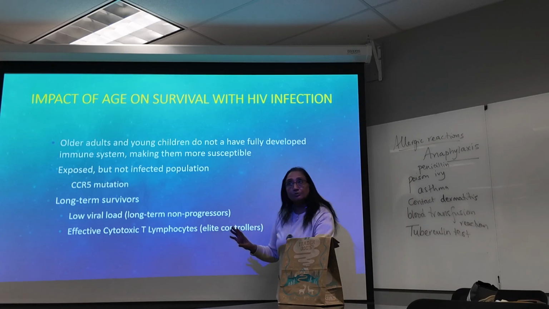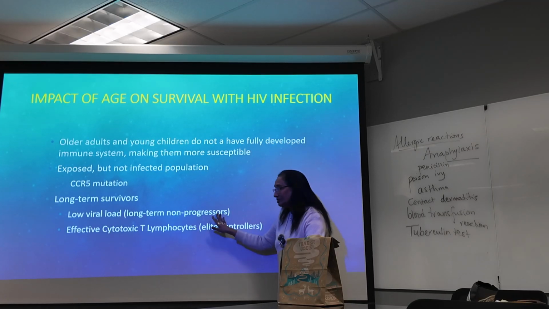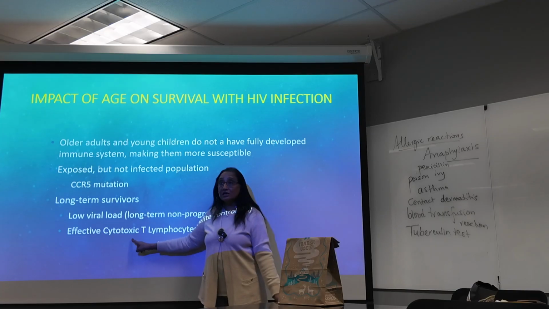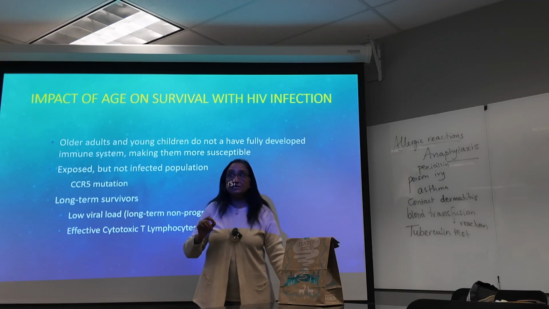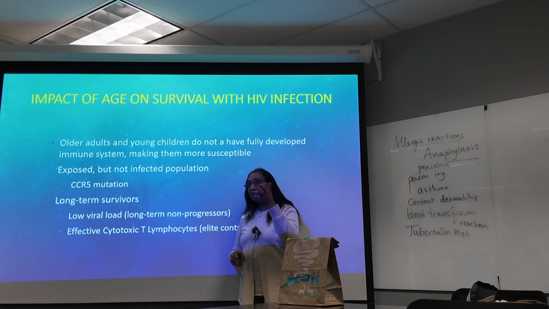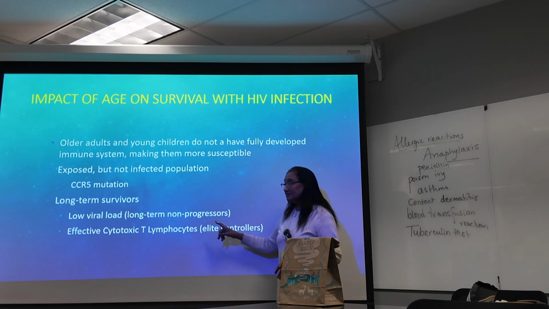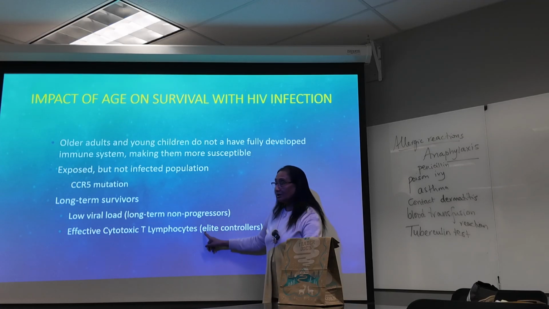They have very low viral levels, and they don't go into phase 3 at all. These are called long-term non-progressors. They think this could be because these individuals have really good cytotoxic T cells, which are capable of seeing the infected cells and getting rid of the virus. There is still research going on.